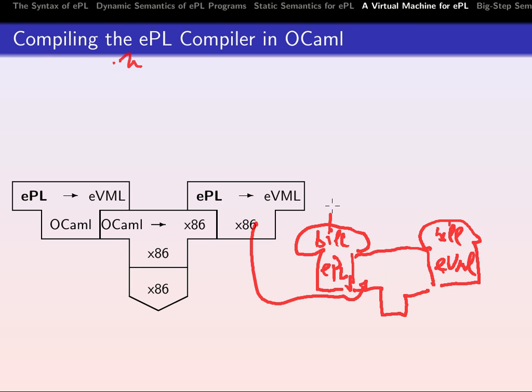This file will be something like 2 plus 3, because our language currently is a language of expressions. So we're expecting that this binary, when executed, will just print out 5. Does this make sense?